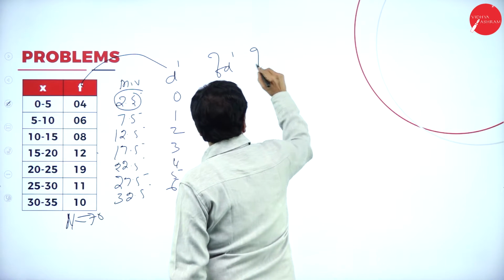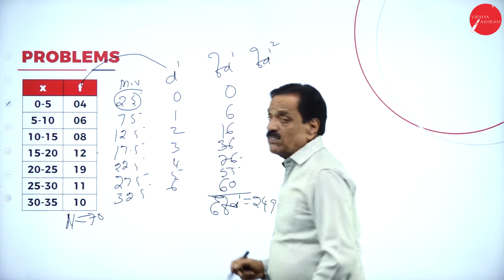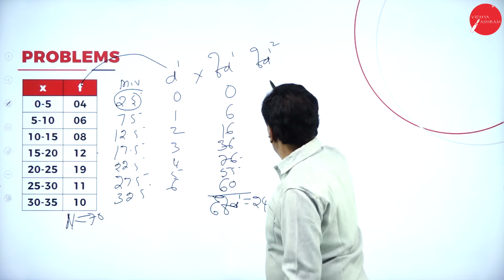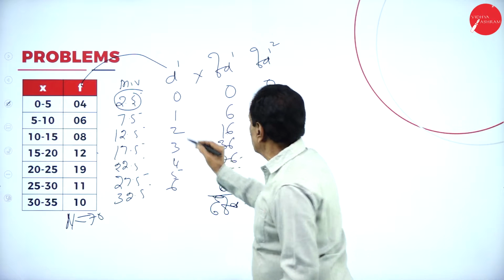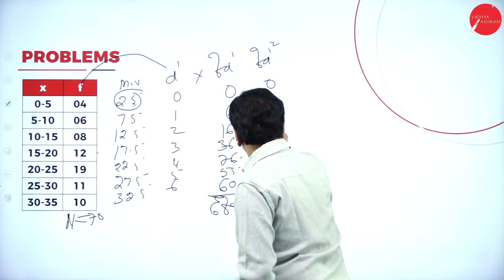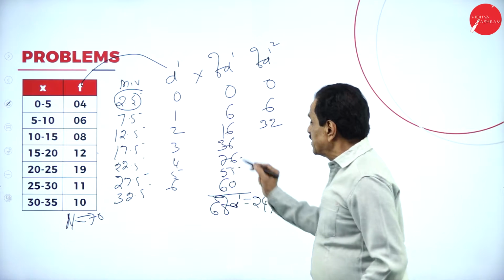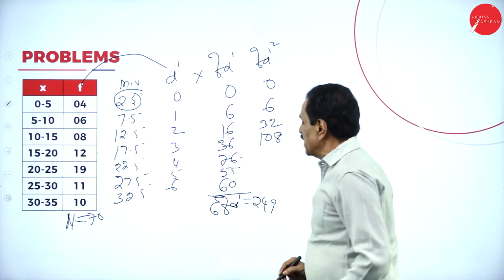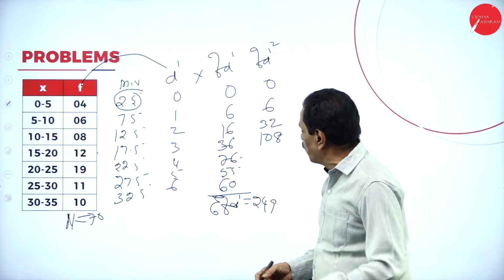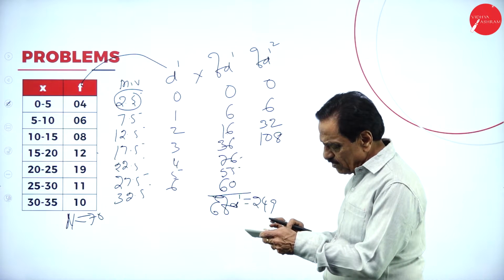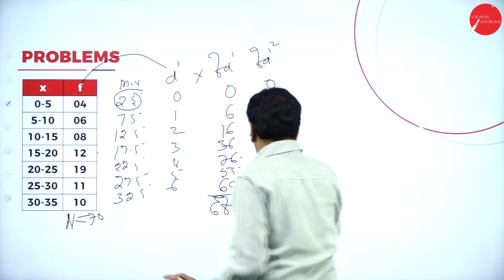What is next? ft'². What is ft'²? It is ft' into d'. 0 into 0, 0. 6 ones are 6. 16 twos are 32. Then 36 into 3, 3 sixes are 18, 108. 76 into 4 is equal to 304.